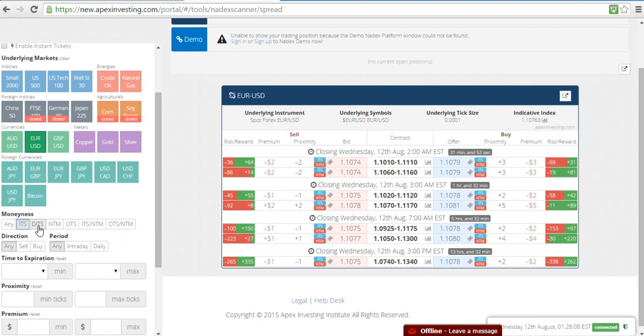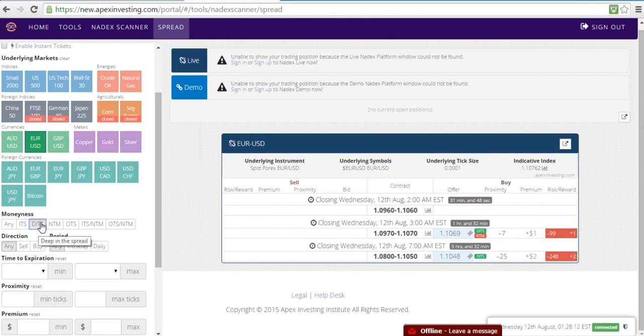If we go to the next one, you'll see it says Deep In The Spread. Now notice how that filters for us. Again, this is all about the indicative. Basically, this means the indicative is above the ceiling on the buy side, or below the floor on the sell side.